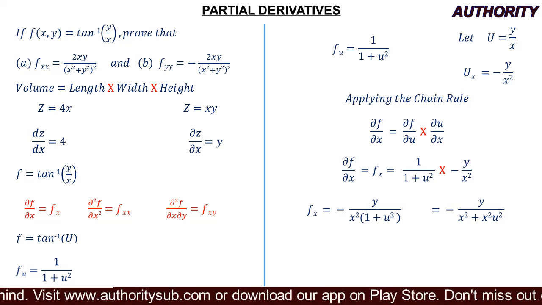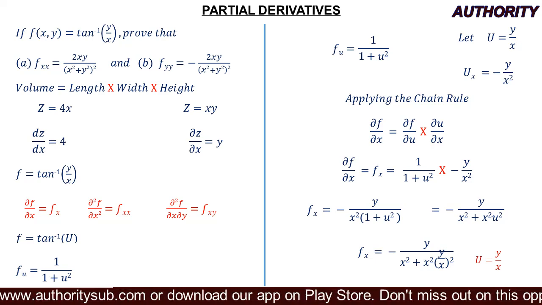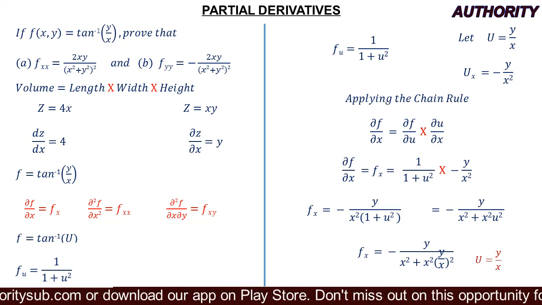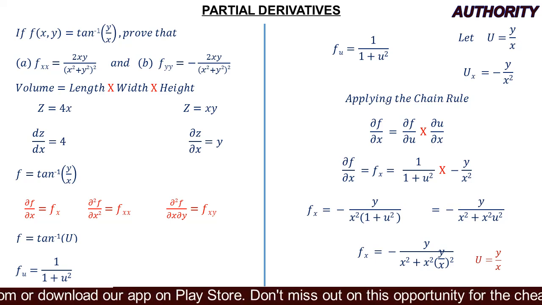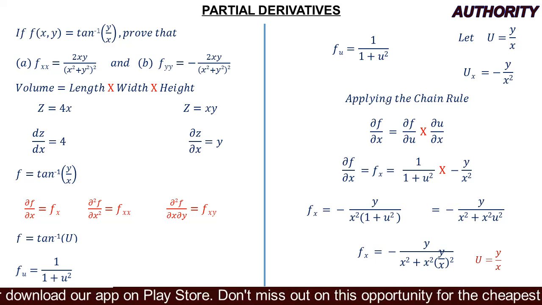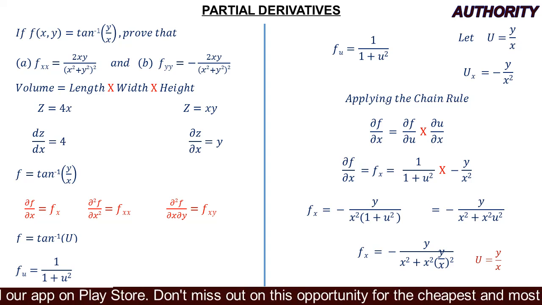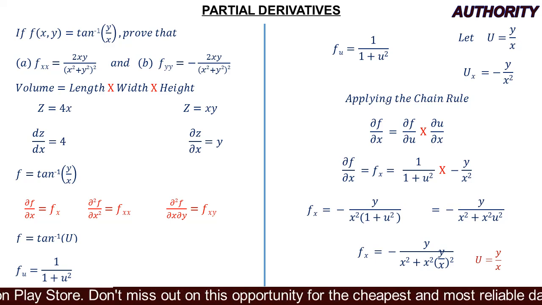So when we replace, we're going to have that the partial derivative of f with respect to x is equal to minus y all over x squared plus x squared open bracket y all over x in bracket squared. You remember that u is squared, right? Good. So the content of this bracket, which is y all over x, is going to share the squared, right? So when they share it, this is what we have.